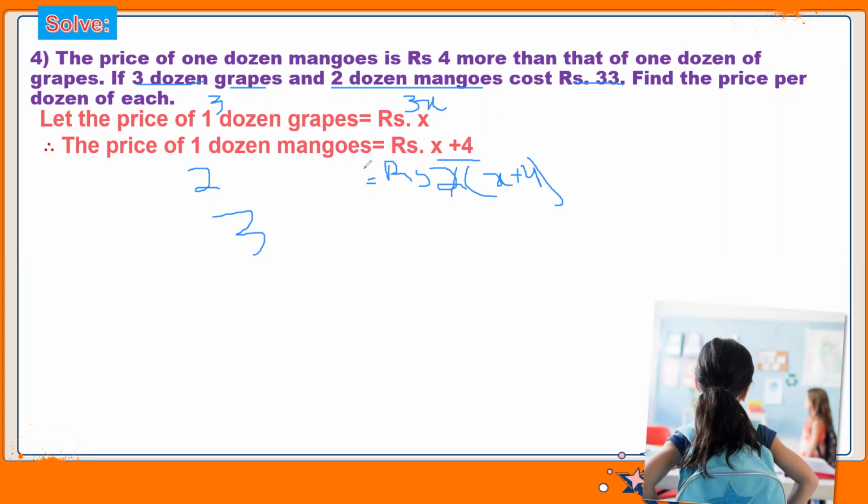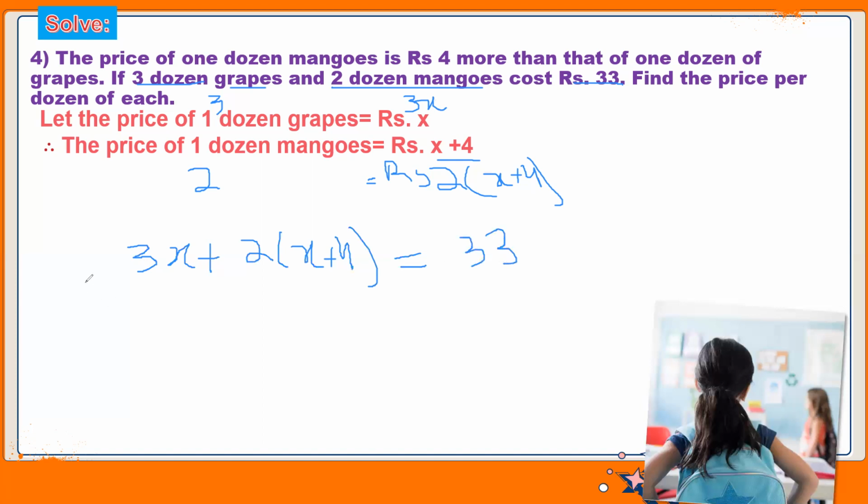So here 2 dozen mangoes and 3 dozen grapes cost rupees 33. 3 dozen is equal to 3x, and 2 dozen mangoes cost rupees 2 into x plus 4. Cost rupees 33 means it is equal to 33.